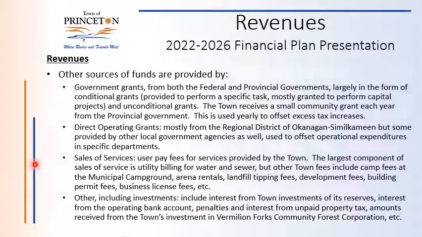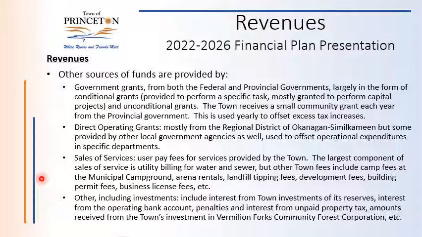Other revenue sources the municipality uses: government grants. That's from senior levels of government. They provide conditional and unconditional grants. Most grants provided by the government are conditional grants for capital projects.